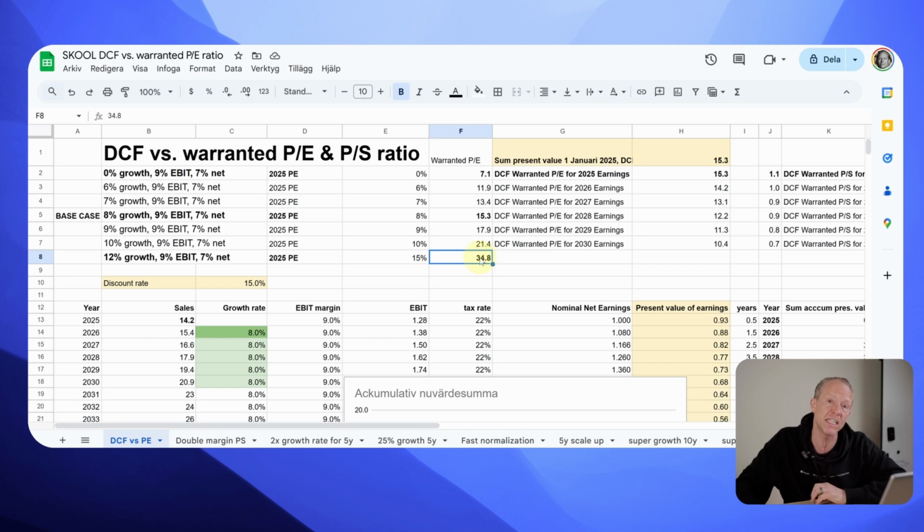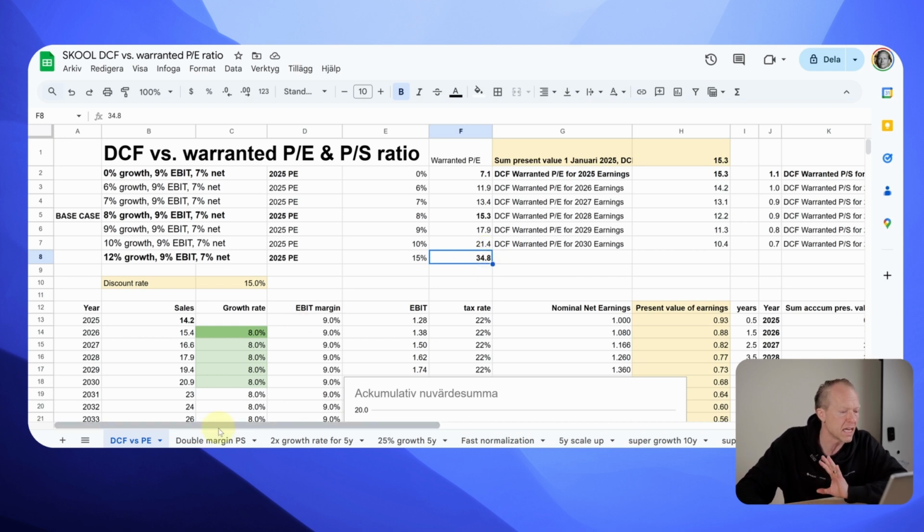It's the same valuation really as 15 times at 8% growth rate. So it warrants more than twice the average market multiple if we have this type of growth. And remember, we had an even higher growth rate for LVMH estimated.